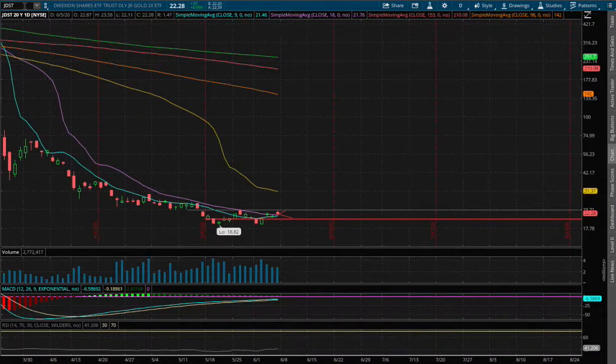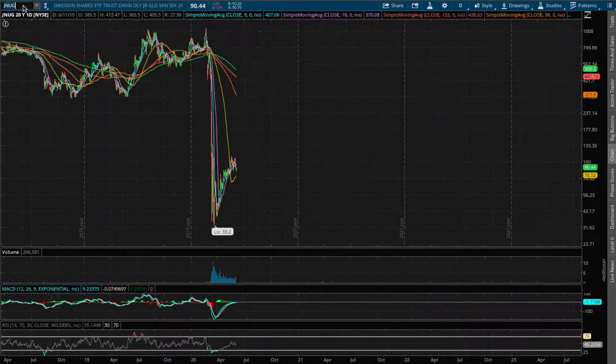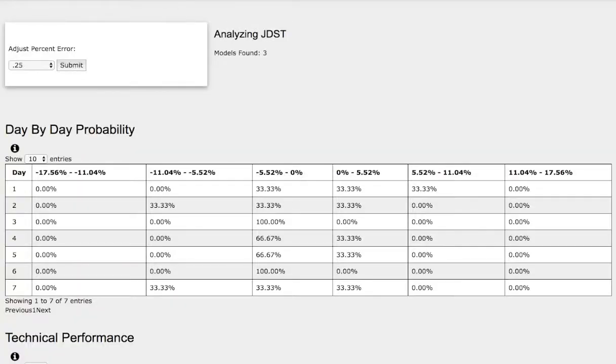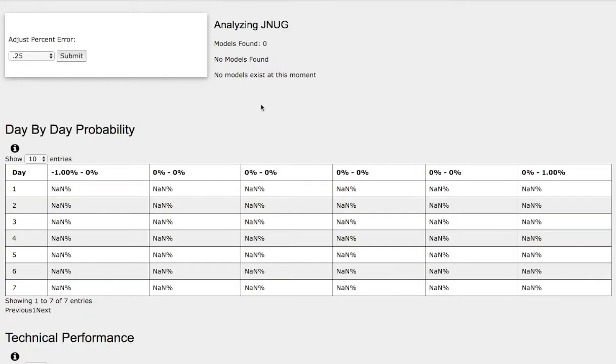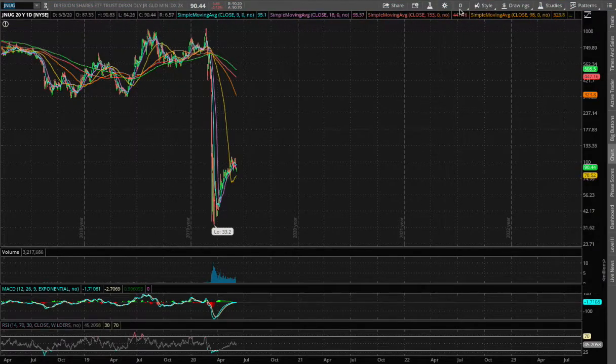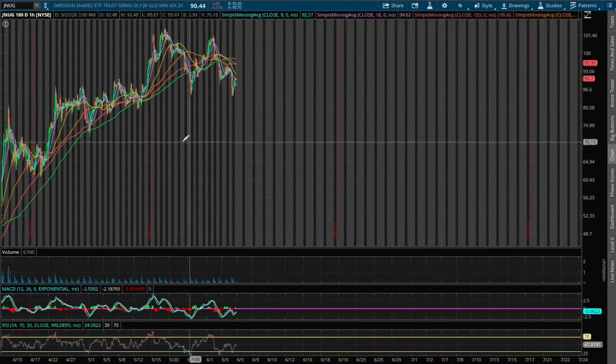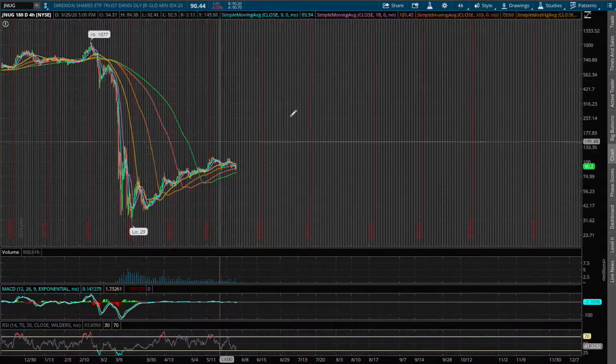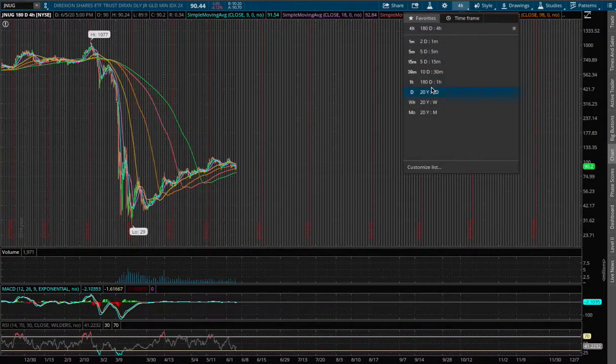And for JNUG, we do not have any models for JNUG, so we'll base it on JDST, basically, which is an inverse of each other. So for JNUG on the 1-hour chart, it is basically the opposite of what we saw for JDST on the 4-hour and daily chart.